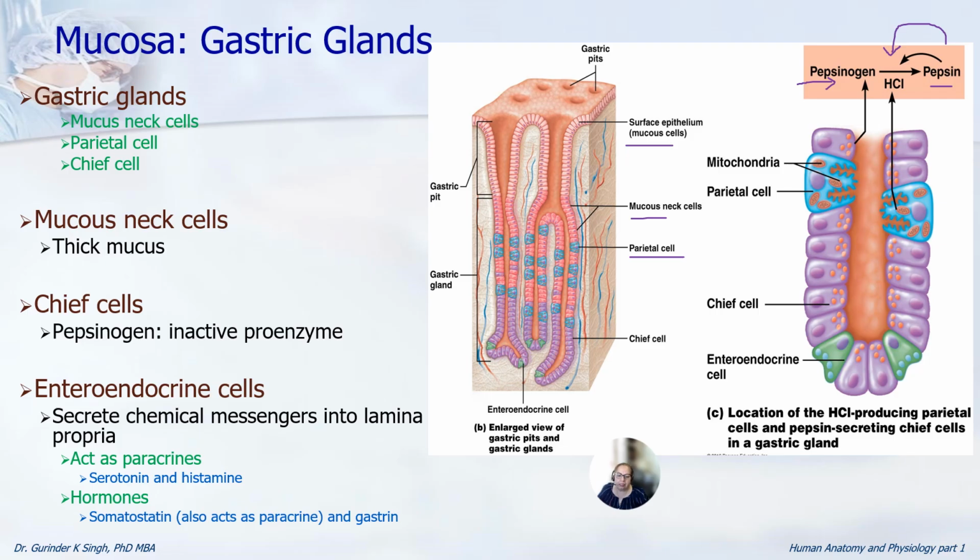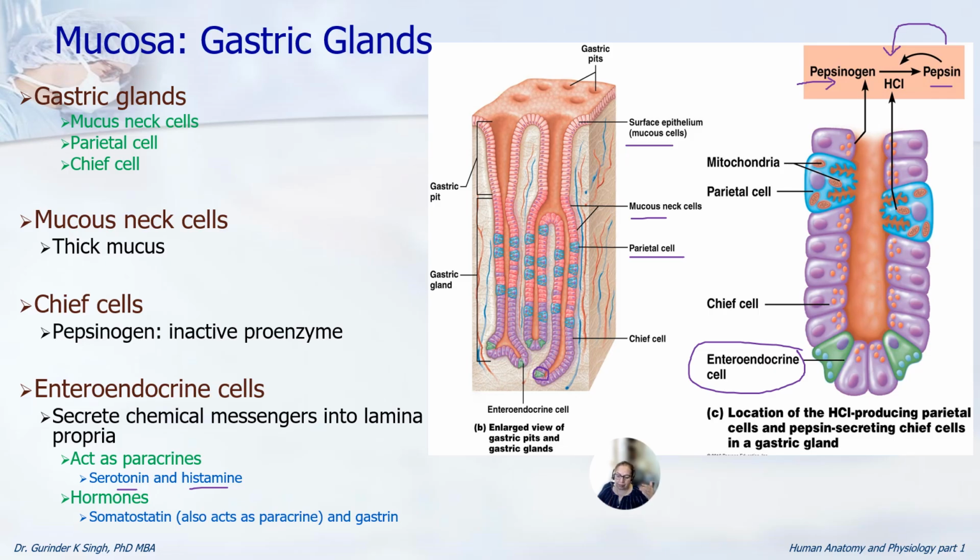The enteroendocrine cells, which are these green cells, actually produce hormones. They can produce some neurotransmitters too, which can act as paracrines, meaning they act on the neighboring cells. Those paracrine chemical messengers are serotonin and histamine. They may also produce hormones. They may produce gastrin in the stomach. They may produce secretin in the small intestine.